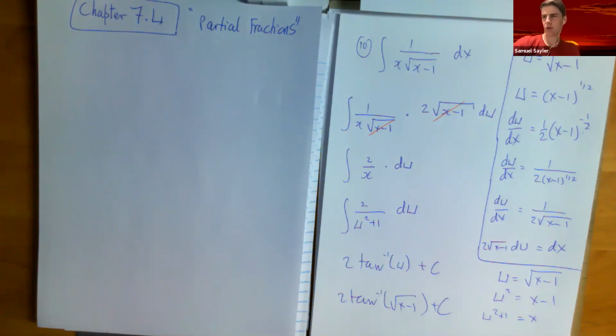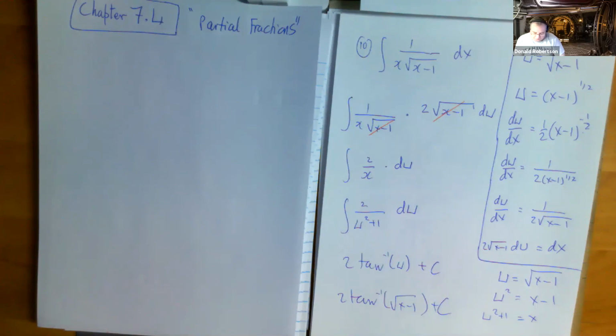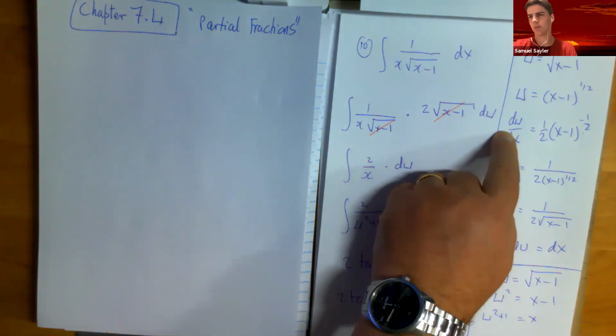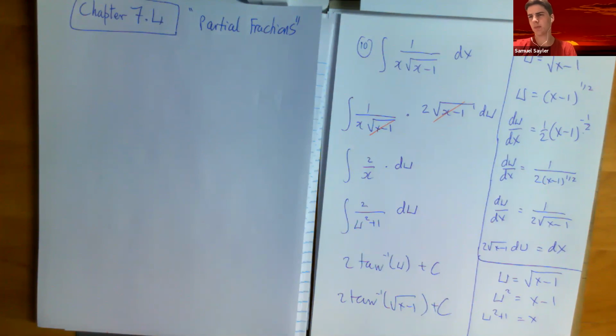I do have a quick question. When taking the derivative of your u sub, I may be remembering this wrong, but aren't we supposed to multiply what we got here by the derivative of the inside?